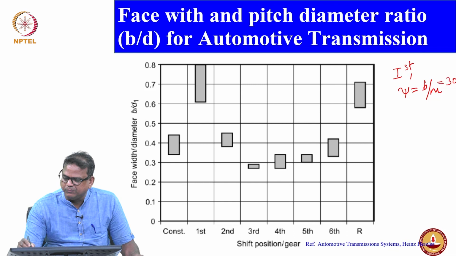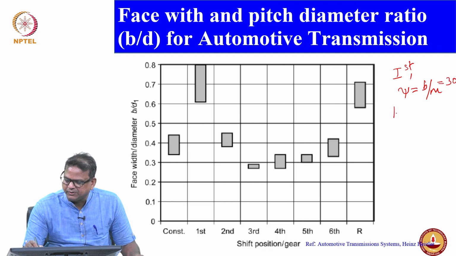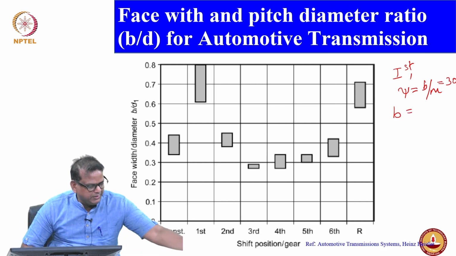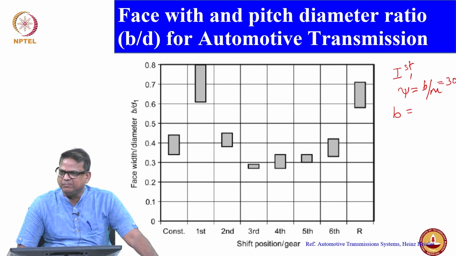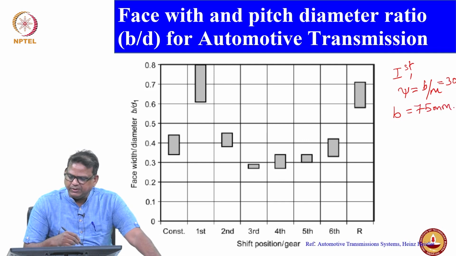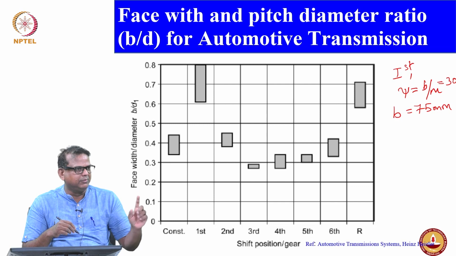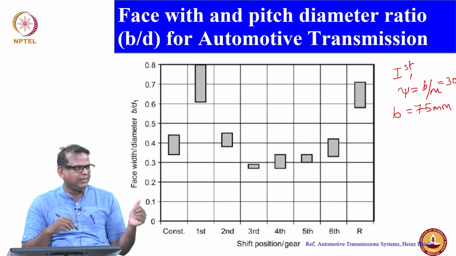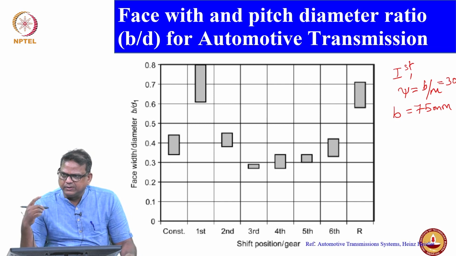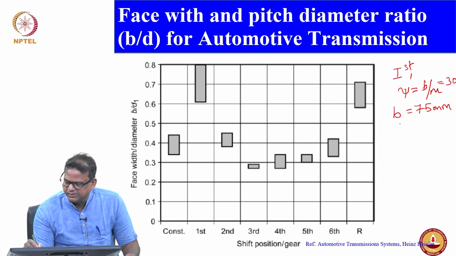So if you substitute the module, which we know is 2.5, then the face width for the first shift gear should be 75 mm. Which gear? Gear number 12. Remember, please check your kinematic diagram. Gear 12 meshes with gear 11. That is your first gear shift.